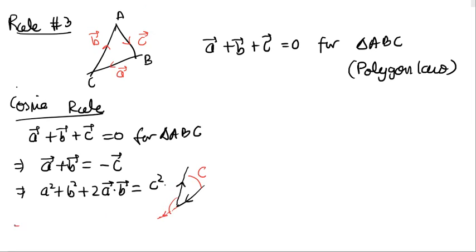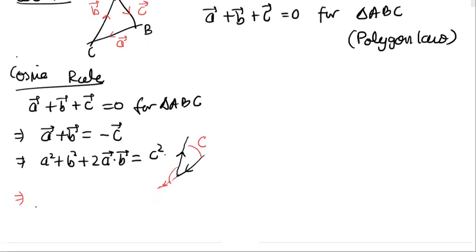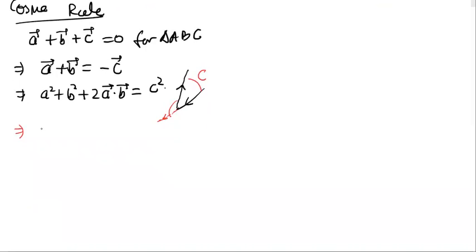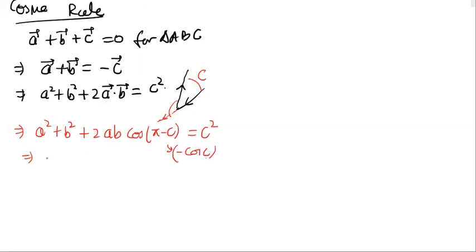So you will write a square plus b square plus 2ab cos(pi minus c) is equal to c square. Cos(pi minus c) is minus cos c, so we write a square plus b square minus 2ab cos c is equal to c square.